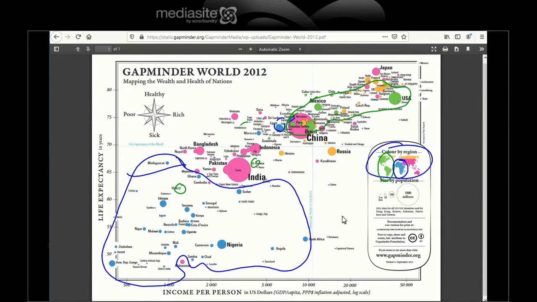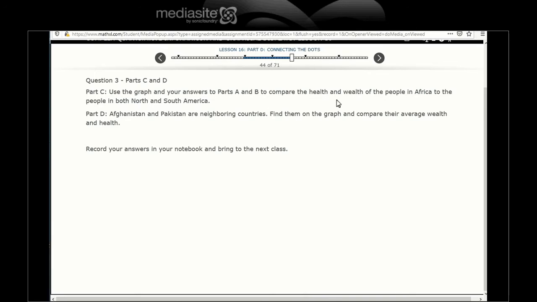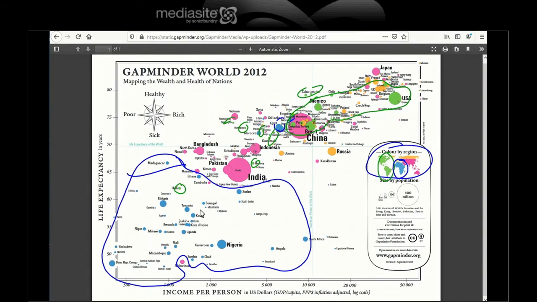We have some that are poor but healthy, some that are borderline healthy and just rich. But we have a fair number that are in the healthy and rich area. Well, even Cuba is considered healthy. Must be the great medical plan they have. So basically, North and South America is definitely much healthier than Africa, and in most cases, wealthier than Africa.